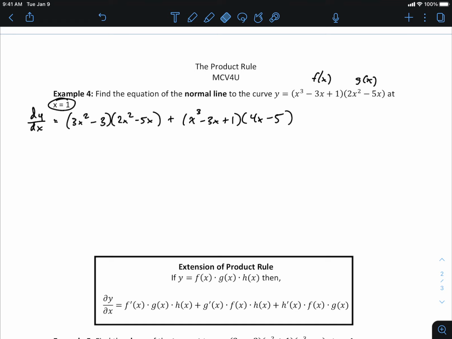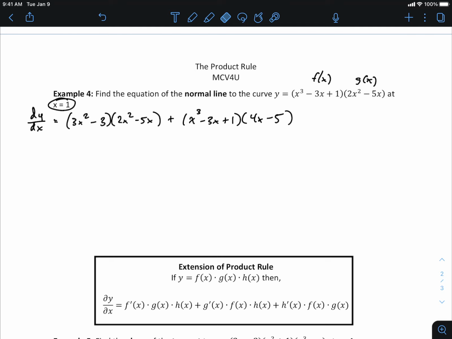All you would have to do is plug in specific x values. The problem with doing this, if we're only interested in this one x value, then you can plug it in. But if we wanted a different x value, like let's say x equals 3, you'd have to plug it in again, and that may or may not be more work.